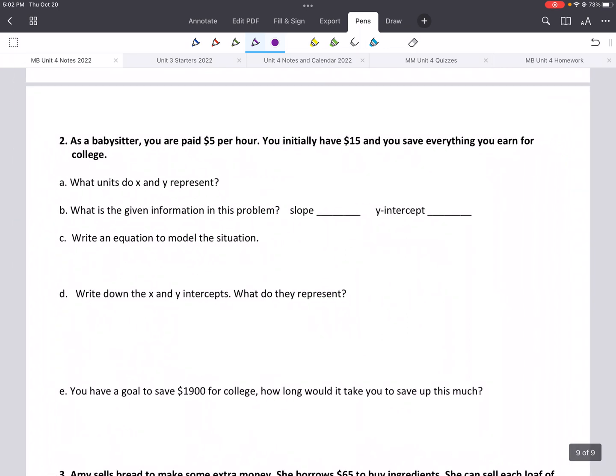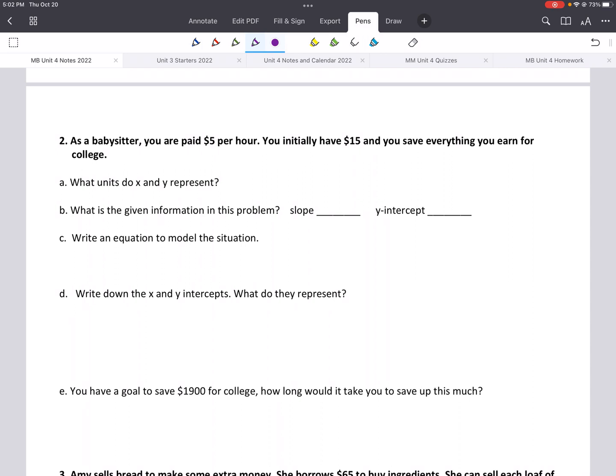So as a babysitter, you're paid $5 per hour. Initially you have $15, and you save everything you earn for college. So first off, we want to talk about our units, what's being used.